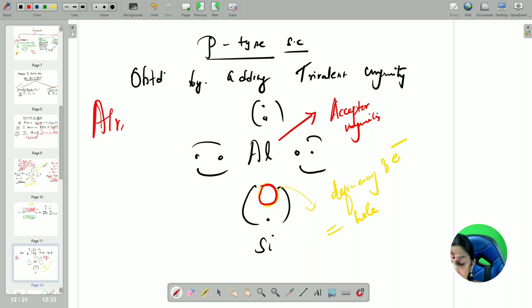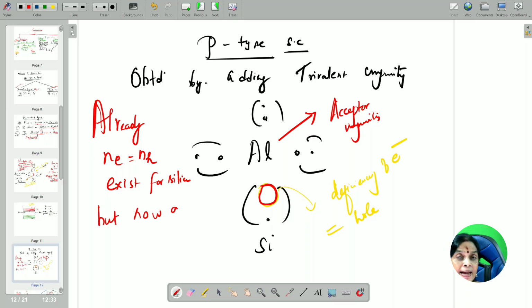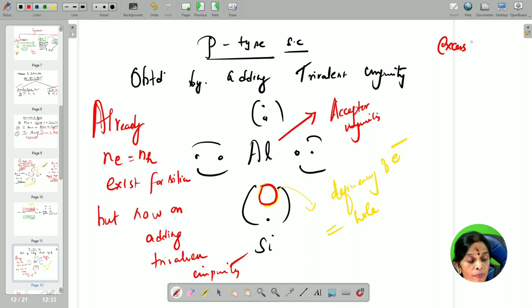Already existing with the silicon atom, Ne is equal to NH exists for the silicon atom. But now, what are you adding? Trivalent impurity. Now on adding trivalent impurity, excess holes are produced.